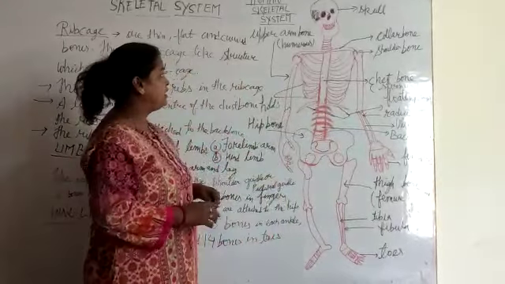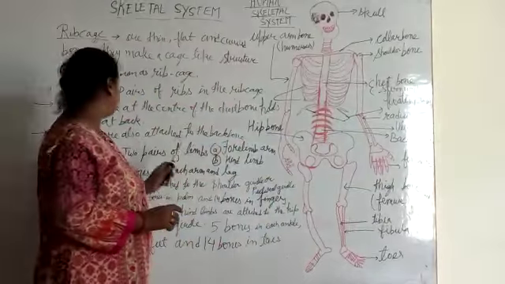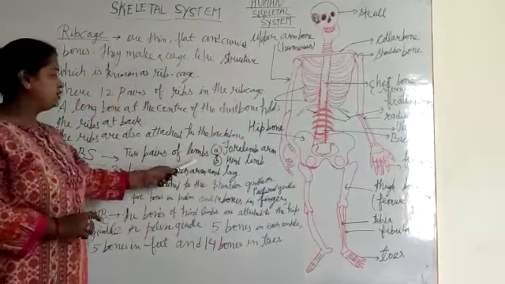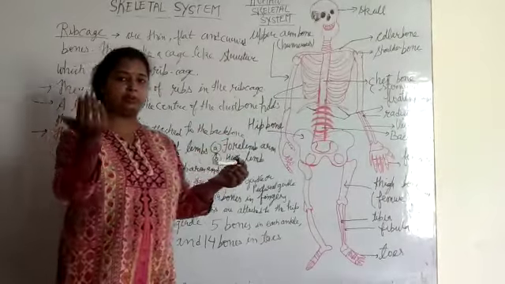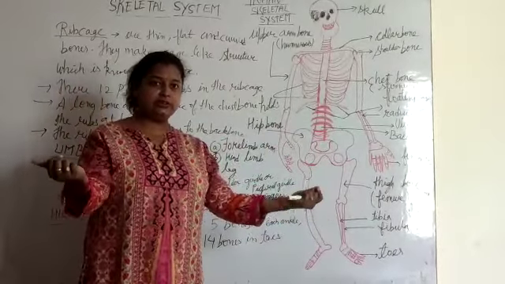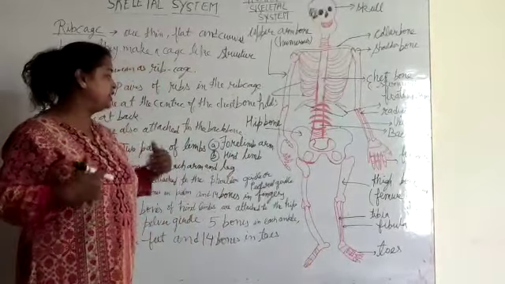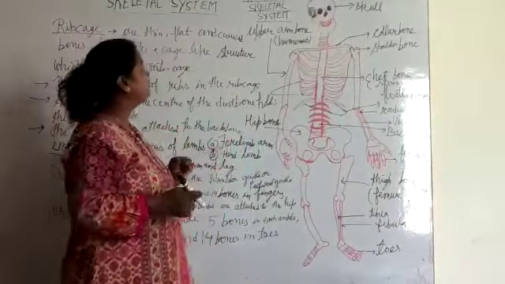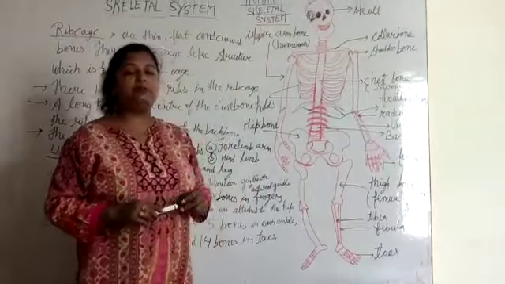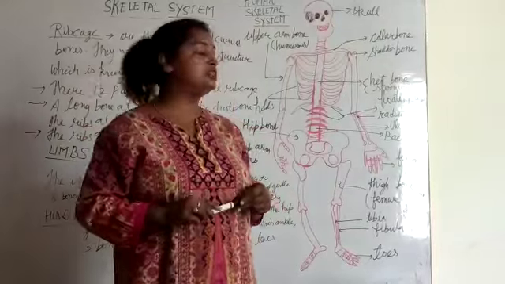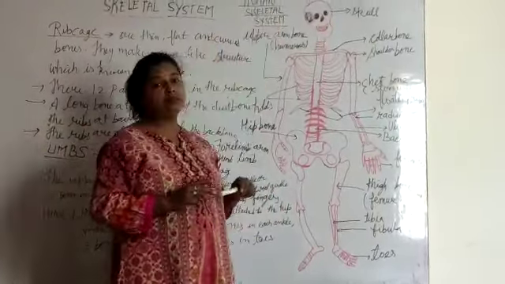Now we are looking at 2 pairs of limbs attached to the backbone, that is the forelimb and the hind limb. The forelimb is your upper arm, both hands, attached with the shoulder girdle, and the hind limb is the 2 legs, attached with the hip girdle. Clear? Now look at this. The skull I have already explained in the previous class, that is 22 bones, and it helps in the protection of the brain.